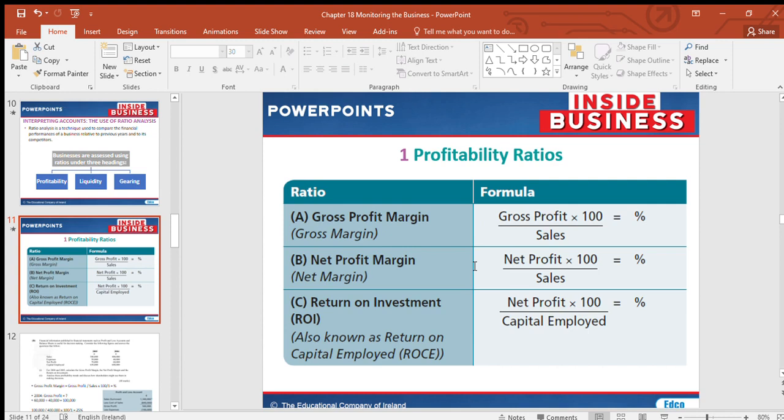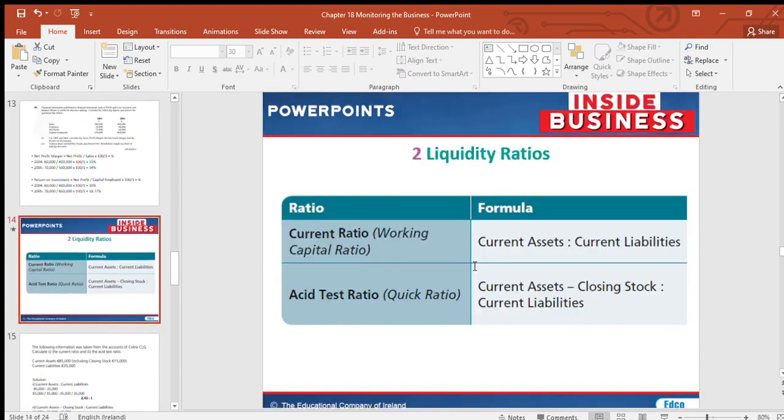You have figures that they give you in the question, and you know these formulas, and you're able to work out the answer. And if you're right, you're right. You get full marks. I think these kinds of questions are easier to get full marks in because the figure's either right or wrong, compared to some of the theory stuff where the marking scheme can be very difficult. Here, you're either correct or you're not.